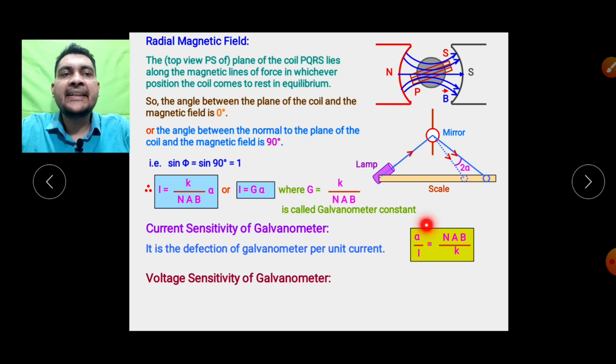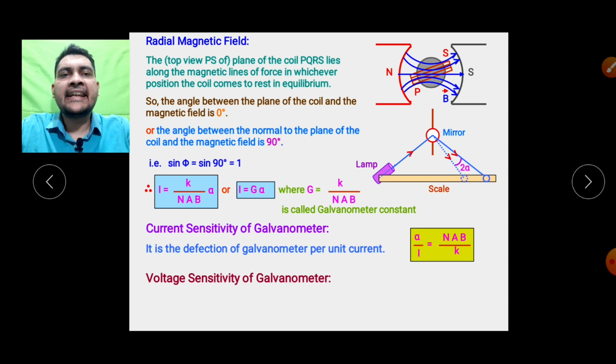It can be increased by keeping a large number of turns in the coil, by keeping a large area of the coil, by using a strong magnetic field, and by using a spring of low spring constant, a spring of smaller spring constant. So if you use a spring having less rigidity or less hardness, then it will have a small value of K and the current sensitivity will be large.